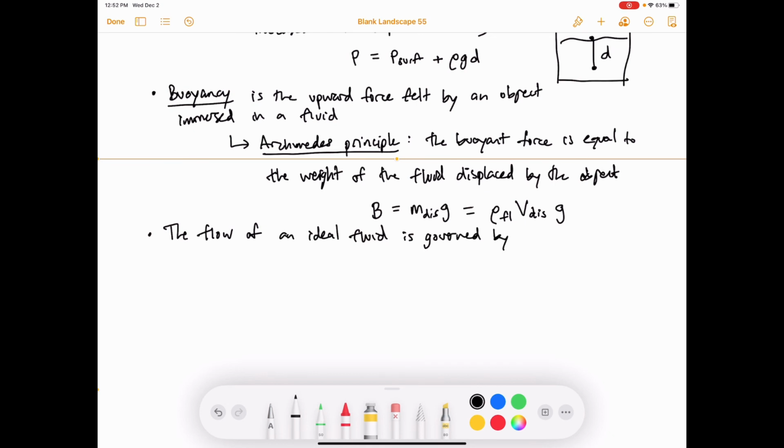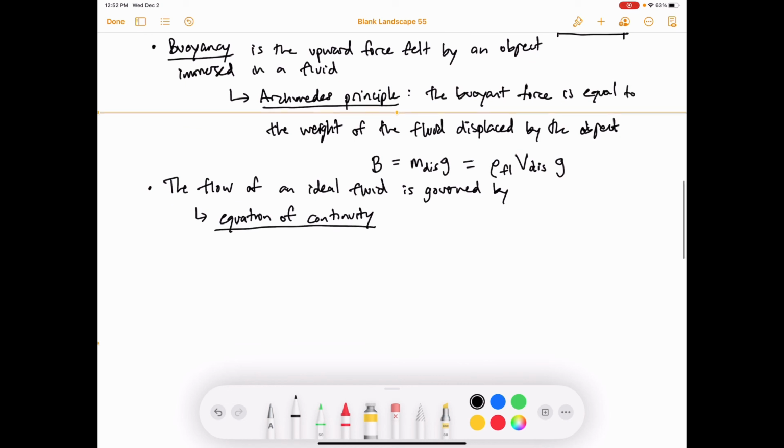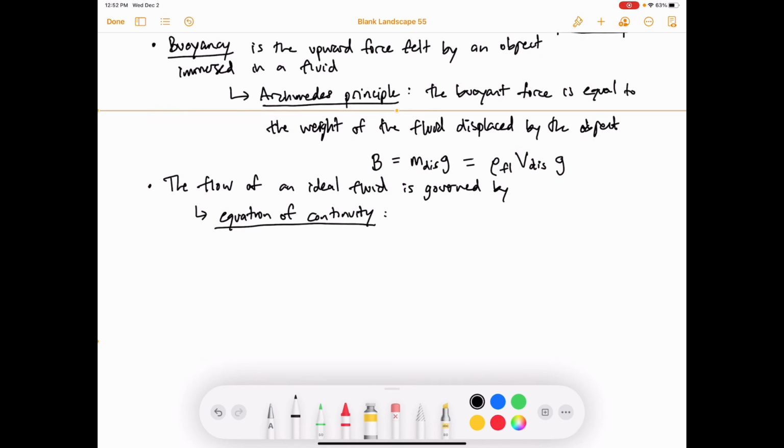So the first equation is the equation of continuity. Okay? And the equation of continuity says that the flow rate, so this is what we call R, the flow rate, which is the volume per unit time flowing through a given area.